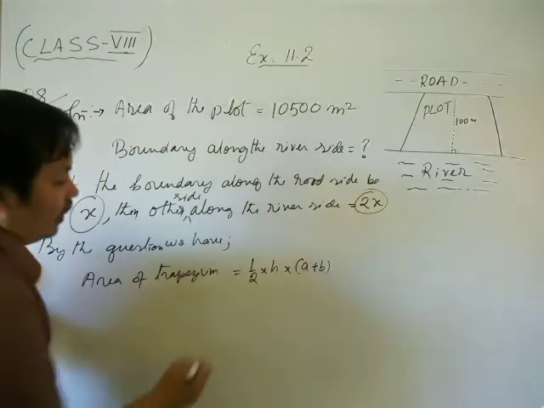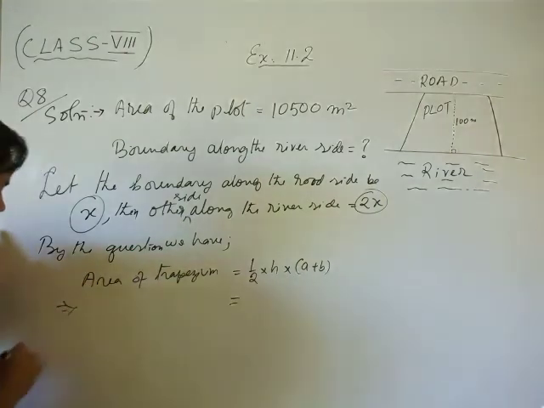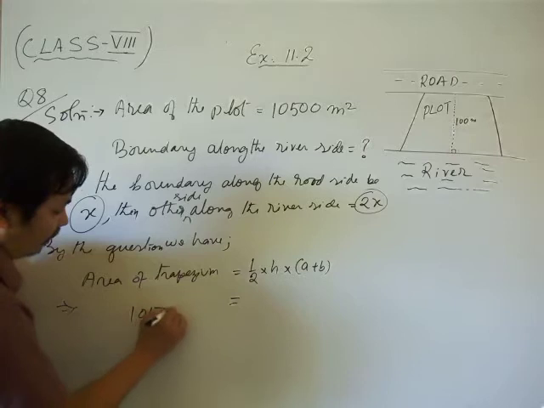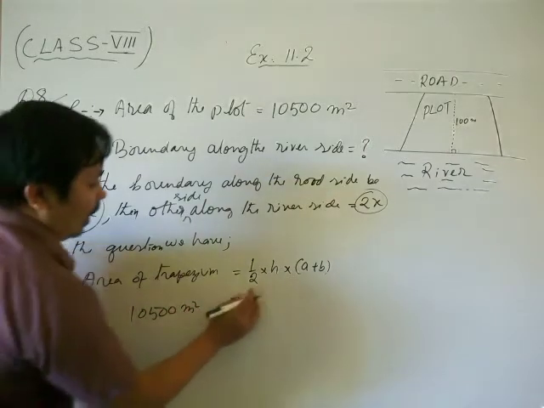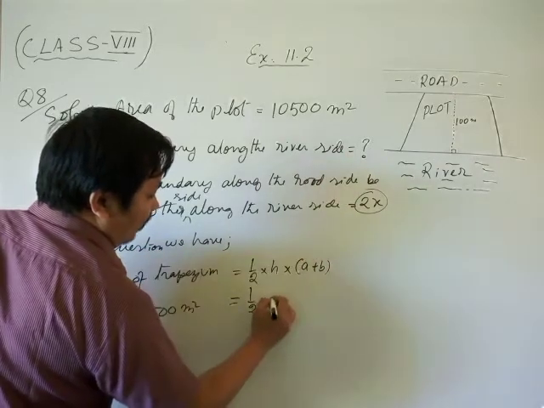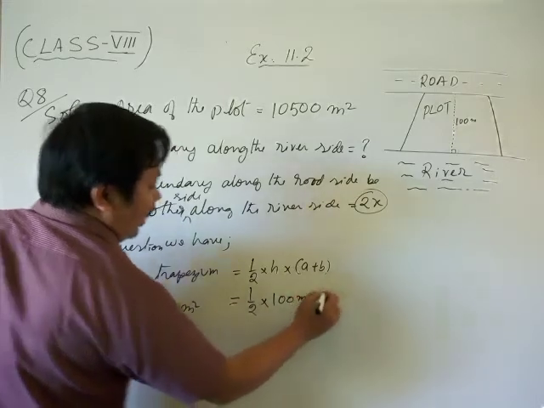The area of the trapezium is given as 10,500 meters square, and it equals half into height, which is 100 meters, into (A plus B).